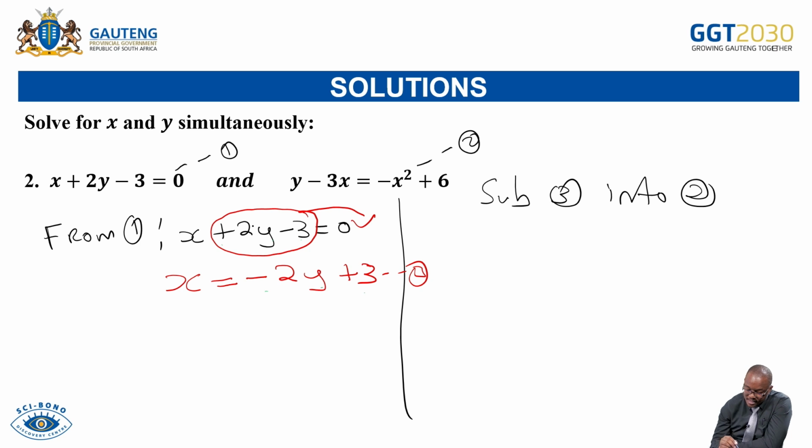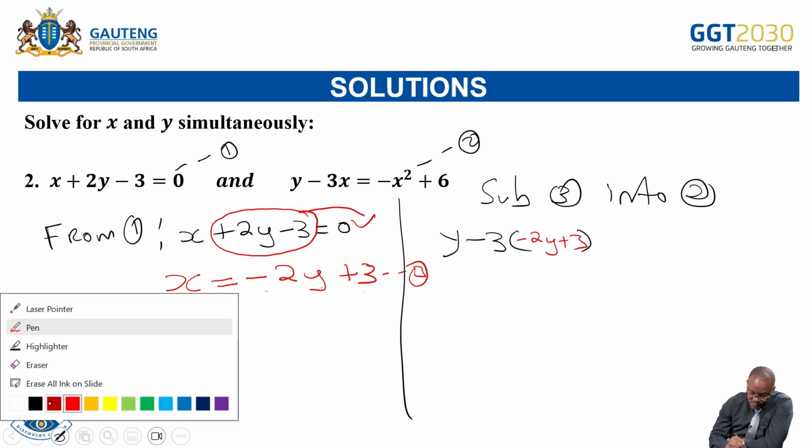So it's going to be y minus 3, and here we are going to substitute minus 2y plus 3.